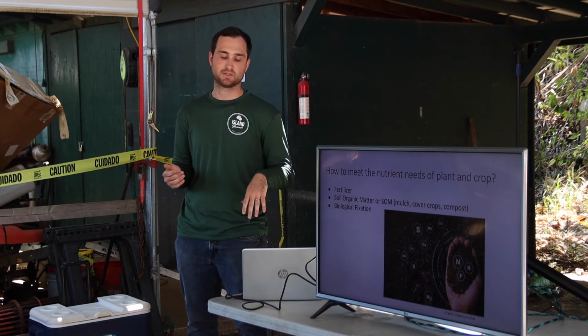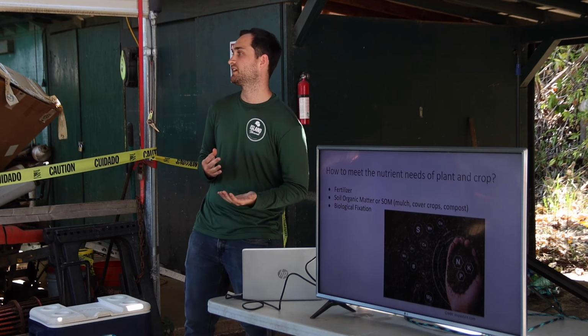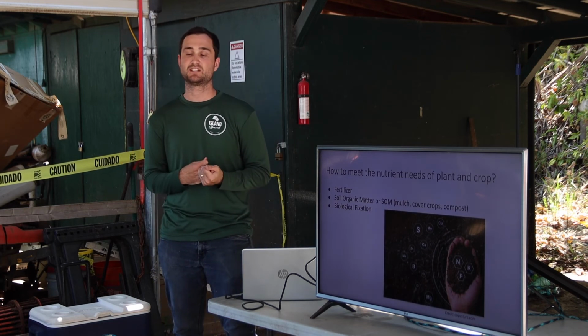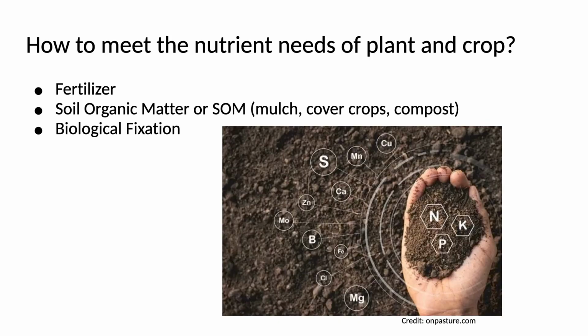So we've talked about how much is being taken out of the system by crop removal, and then we'll talk a little bit about tree growth. To come up with your nutrient management decision, we need to meet the needs of the plant and the crop. Traditionally, I think most people go to fertilizer, thinking we need to meet it with fertilizer. But there are other ways to provide nutrients to your system.